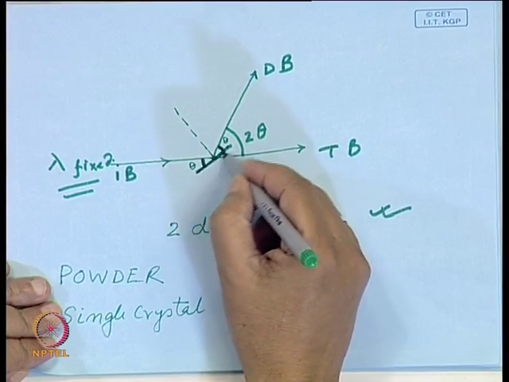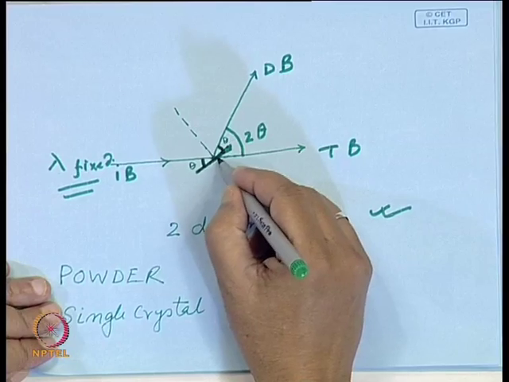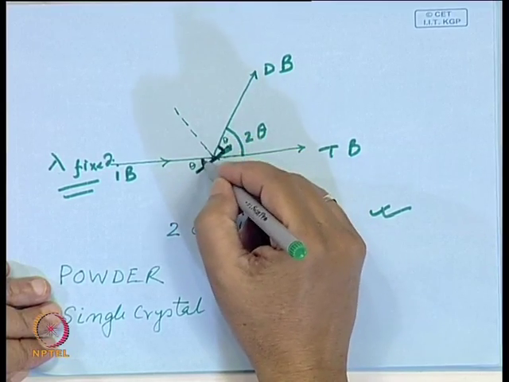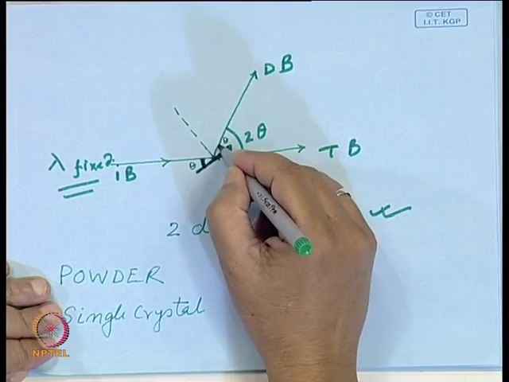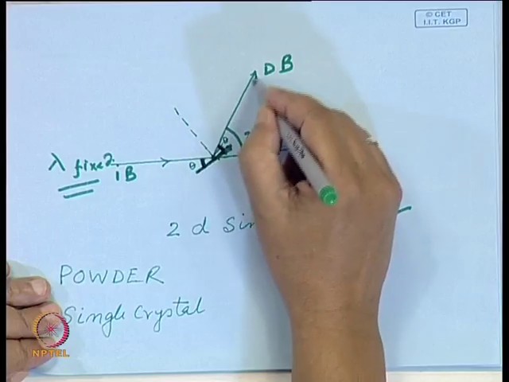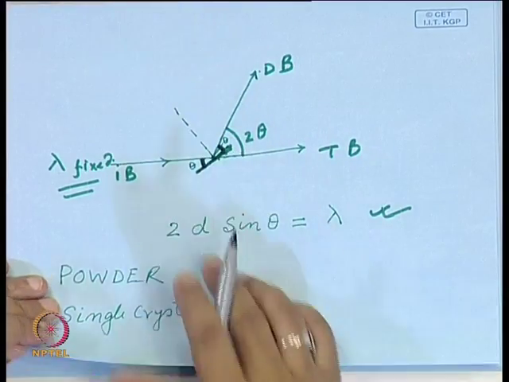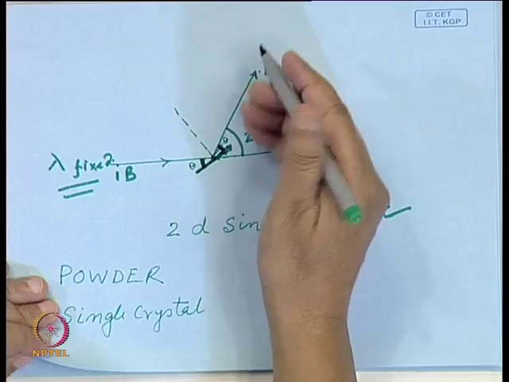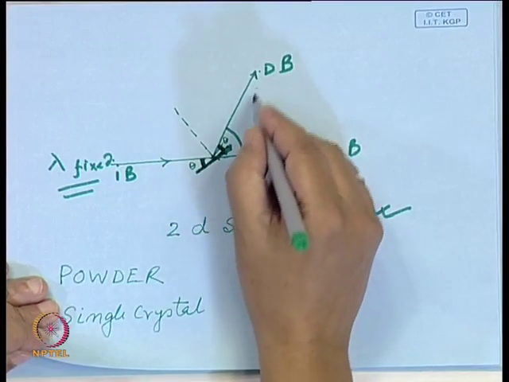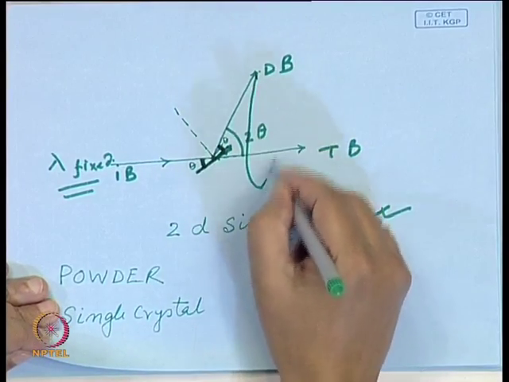You have several planes, say like this, and all planes which subtend an angle theta will give you a diffracted beam. If you have a very large number of crystals, you can visualize the diffracted beam coming out in the form of a cone.